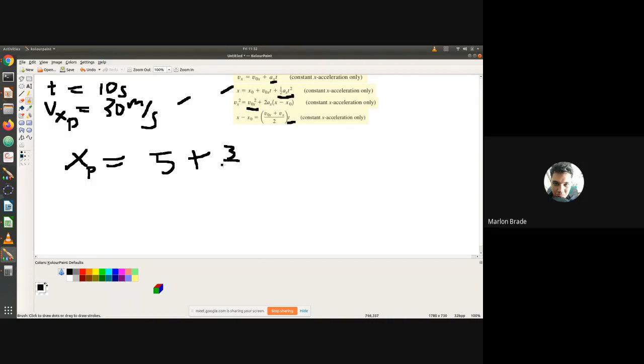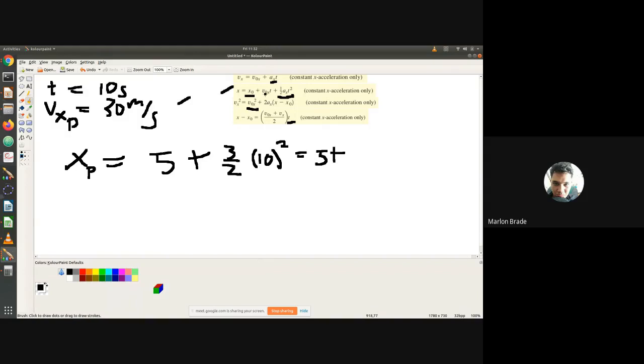So we have 3/2 multiplied by 10 squared. So we have 5 plus 100, 300, 150. Is that right? 1/2 ax t squared for the police officer. The x naught of the police officer is 5.